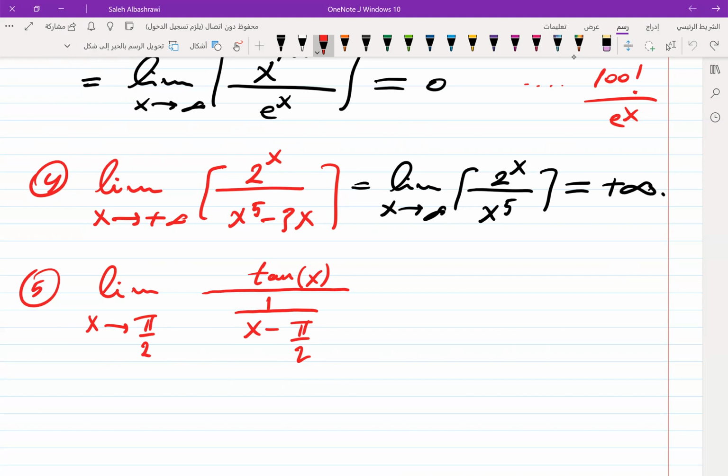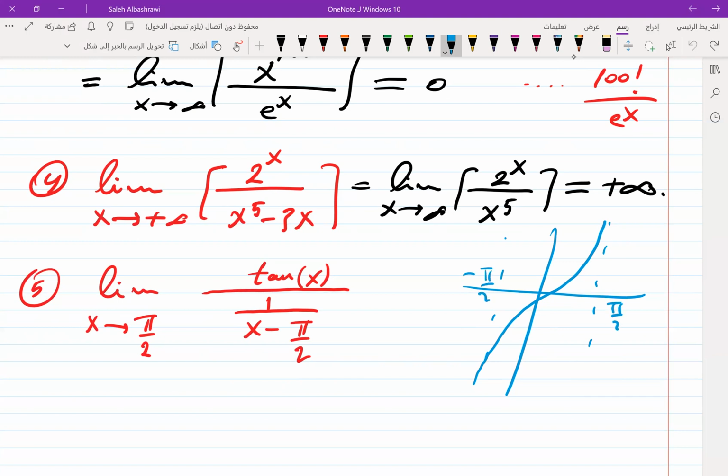What is the limit of this function? The tangent has asymptotes at minus pi over 2 and pi over 2. As we approach pi over 2, this will go to infinity.